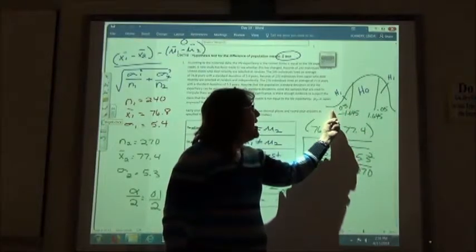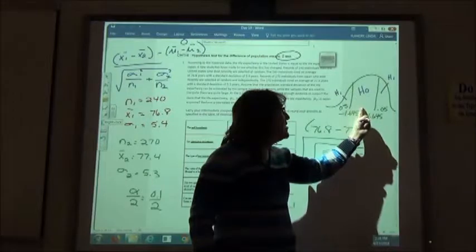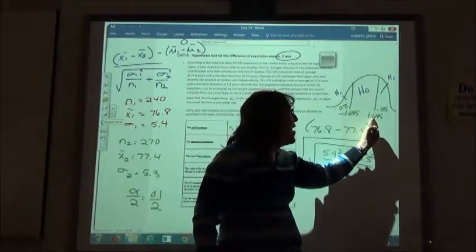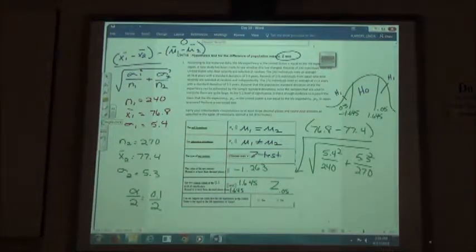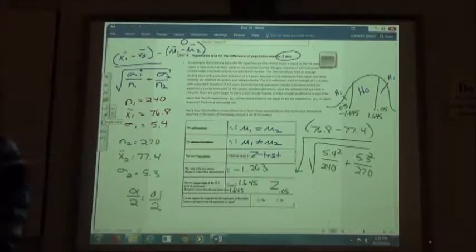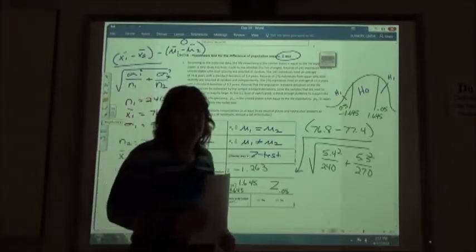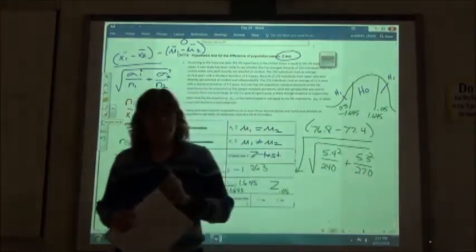Is it less than negative 1.645? Is it between negative 1.645 and positive 1.645? Or is it bigger than positive 1.645? Well, if I have a negative 1.263, where would that end up? Since it's negative, is it less than that or bigger than that?